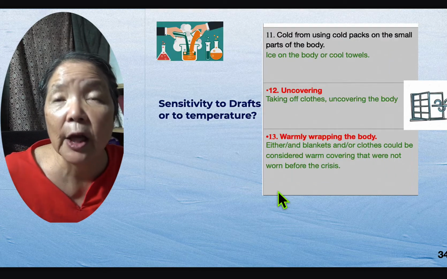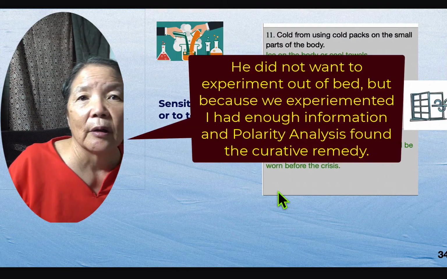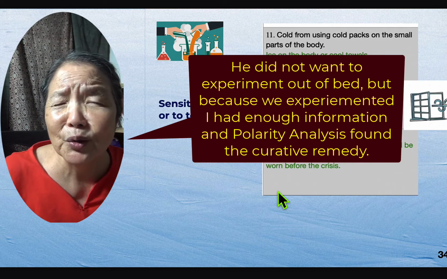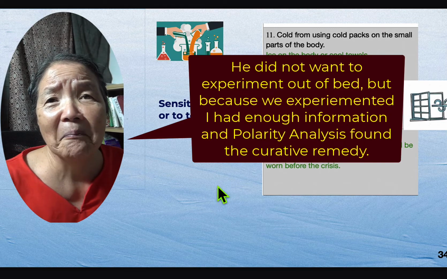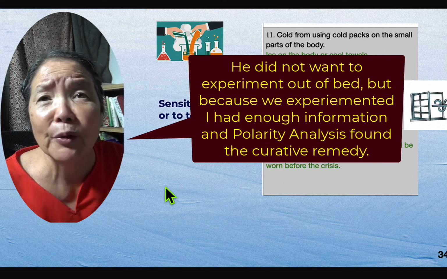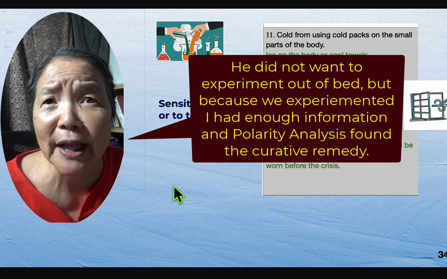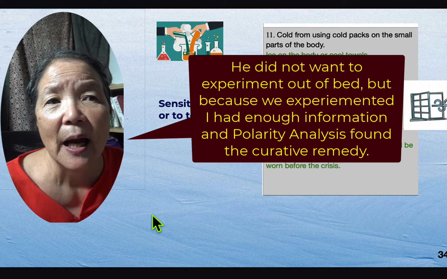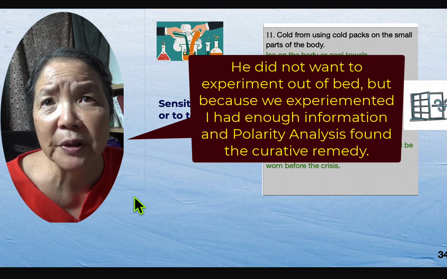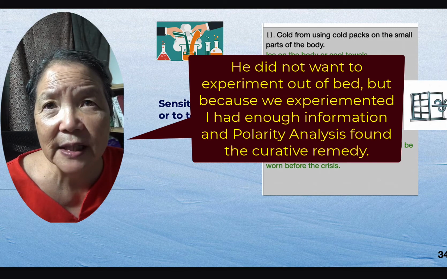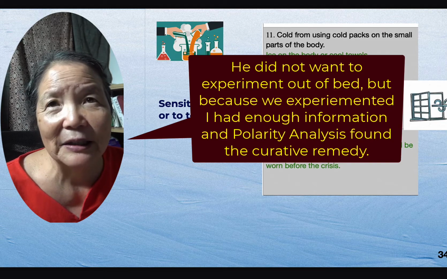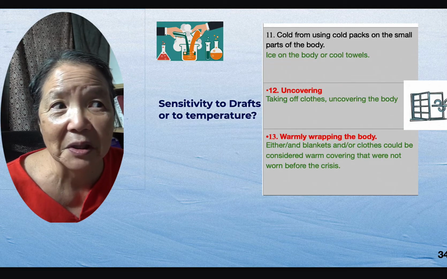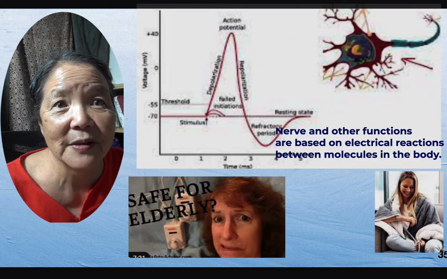How does it feel taking off the covers? Go outside. How does that feel? And he didn't want to do that. I even had him jump up and down. But he didn't want to do that. But we found the right remedy, and he was really happy that he had experimented. He wasn't feeling good. It wasn't easy. But it was very important to cure his kidney, and we cooperated together and found it. I was very impressed.